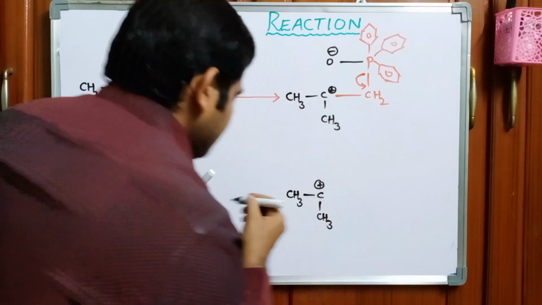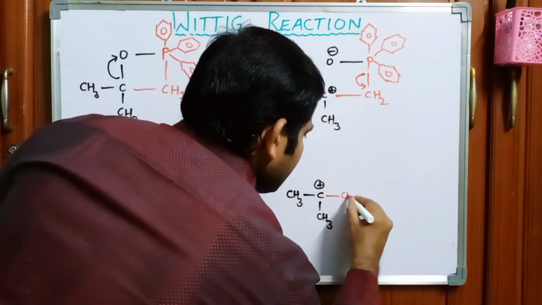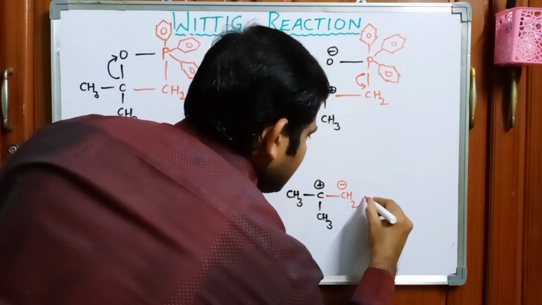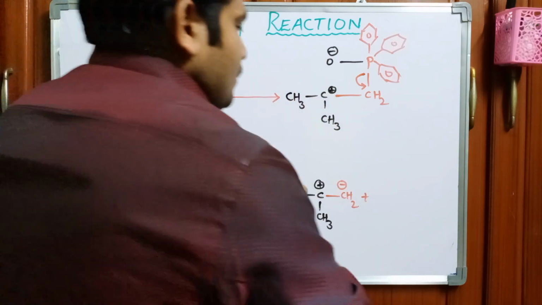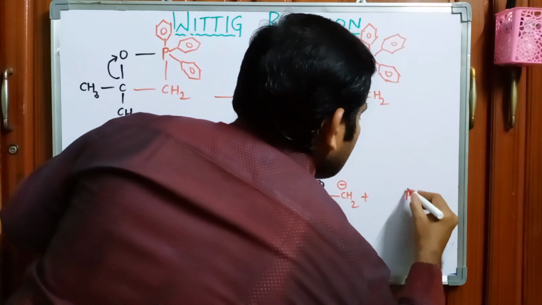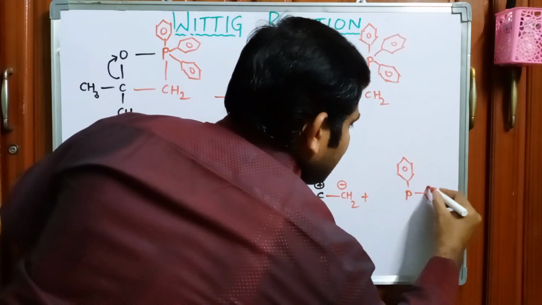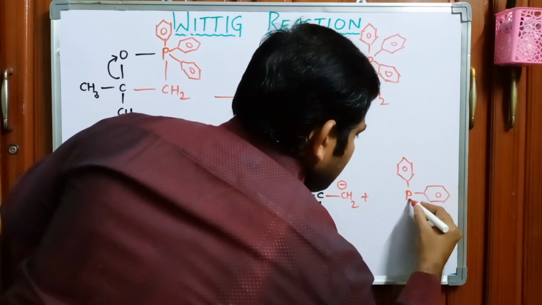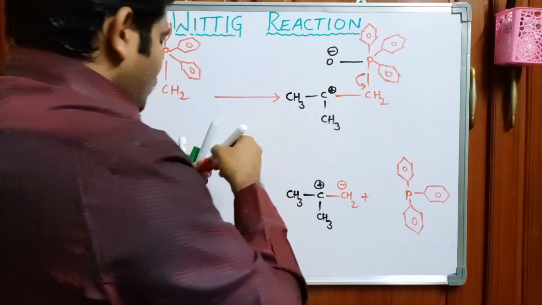Positive charge. In this particular case, CH2 negative charge plus phosphorus. How many phenyl groups are substituted here? 3 phenyl groups. Made a bond with whom?